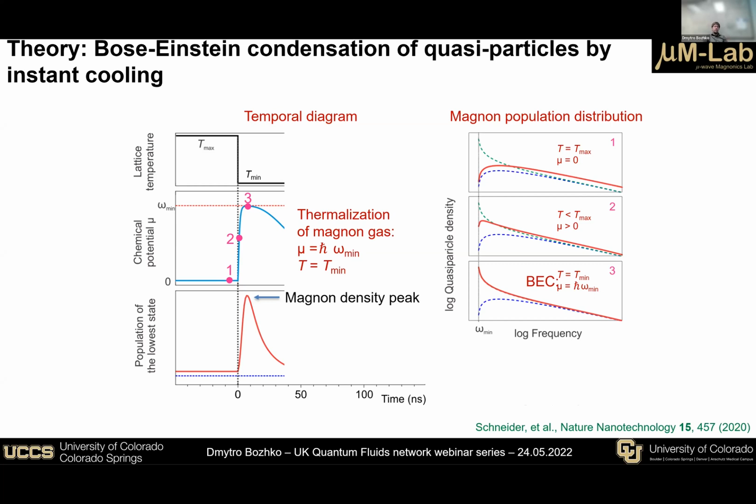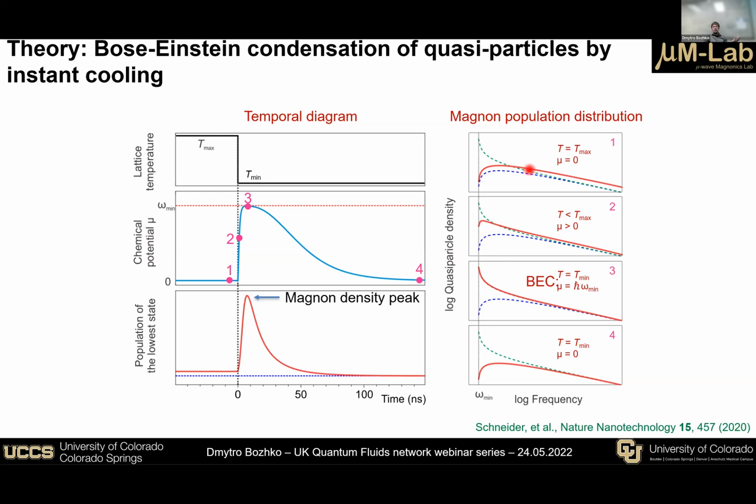Of course, magnons do decay, and thus the population decreases. The higher the temperature is, of course, the more magnons we will get here, and the longer this condensate would live there. And essentially, after a sufficiently long time, we see that the system returns to its equilibrium state at T minimum.